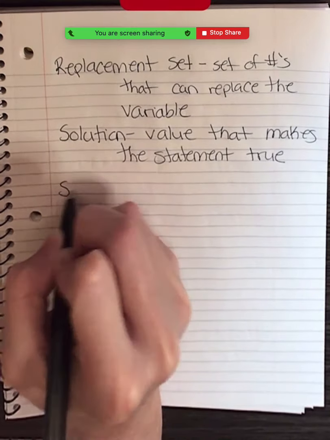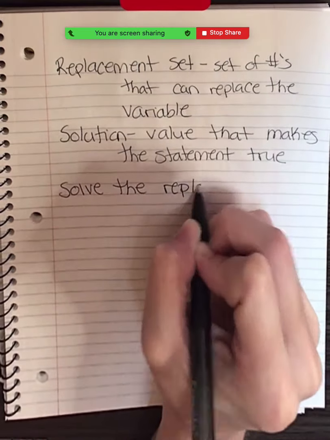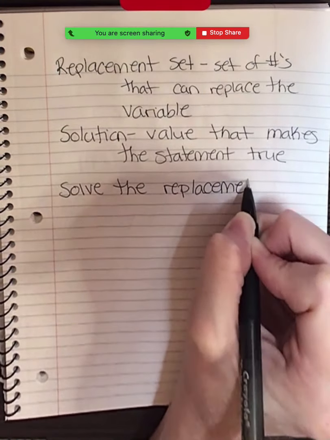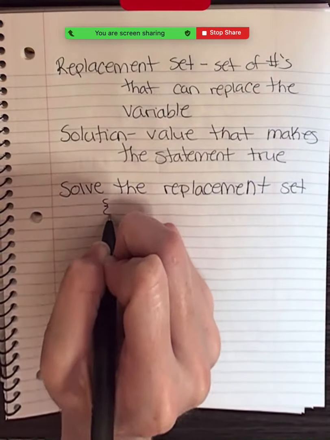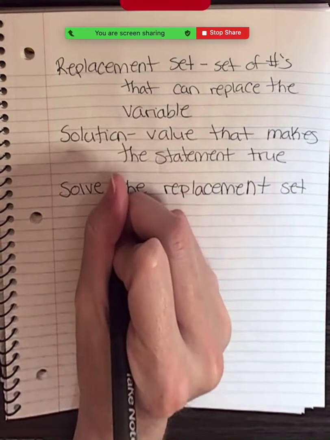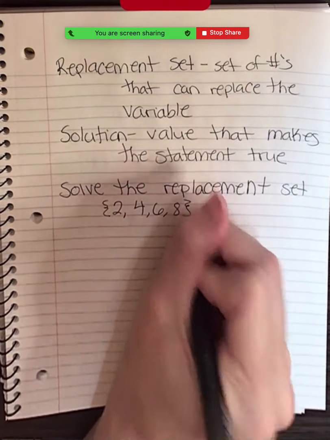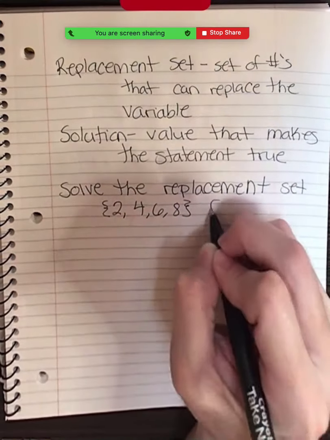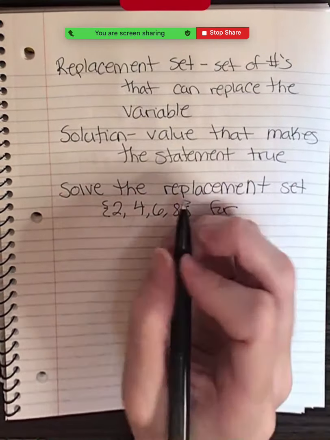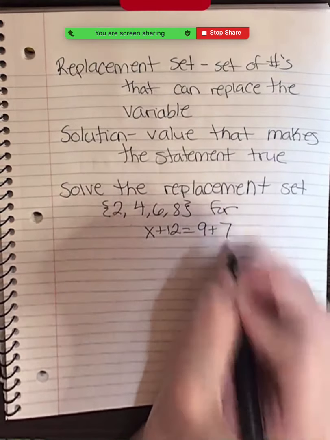So let's solve using a replacement set, which is written in these squiggly brackets. Our replacement set is 2, 4, 6, and 8. These are the values our variable can be in the equation x plus 12 equals 9 plus 7.